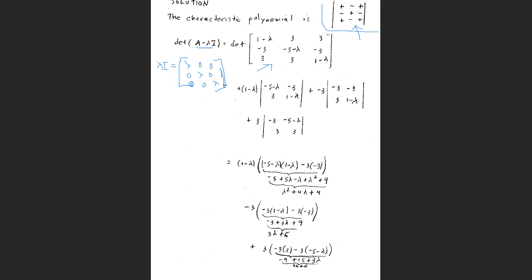So let me just separate this. Think now of taking the matrix A and subtracting lambda I, and it's only the diagonal entries that get altered.